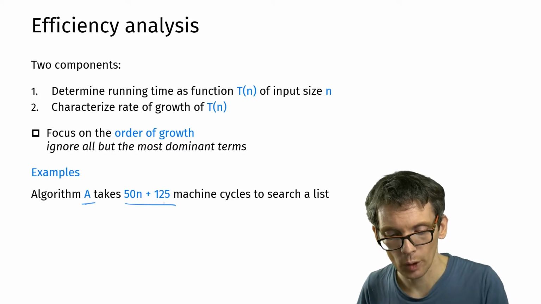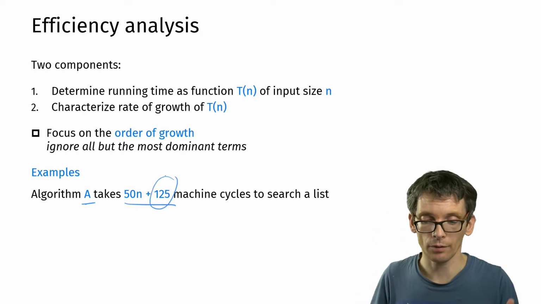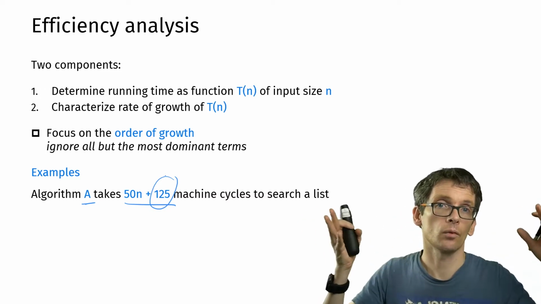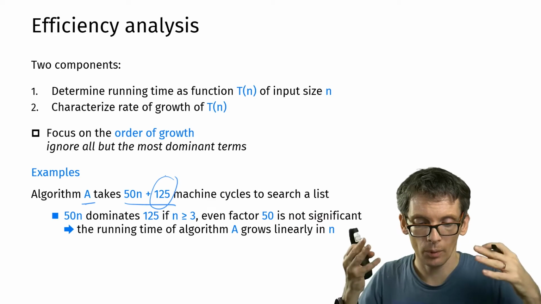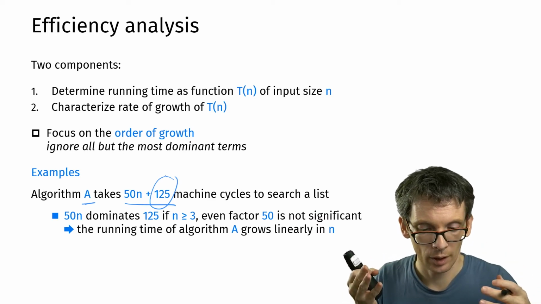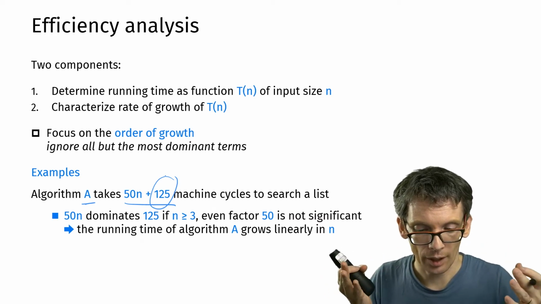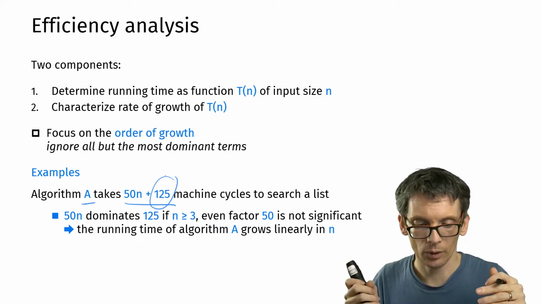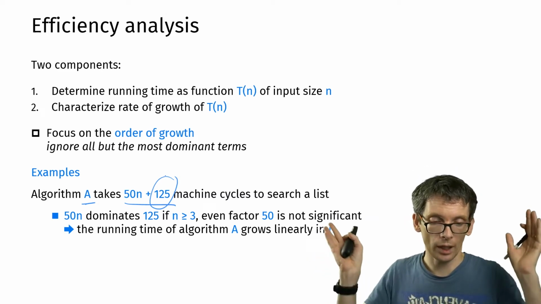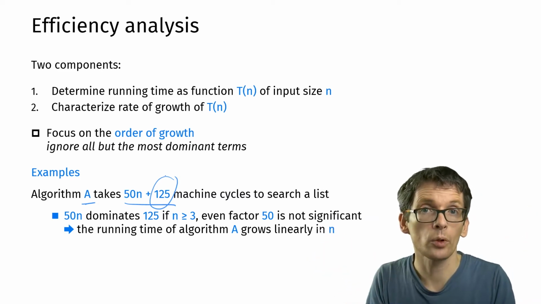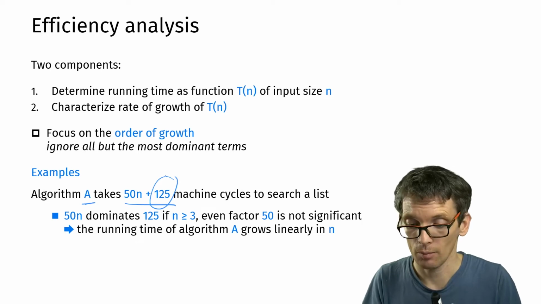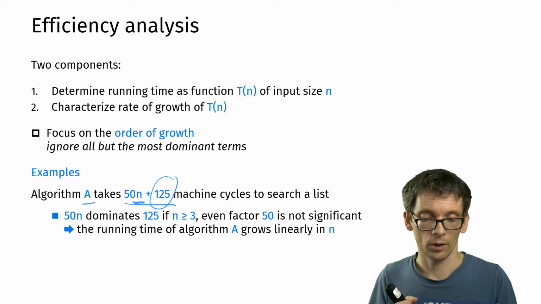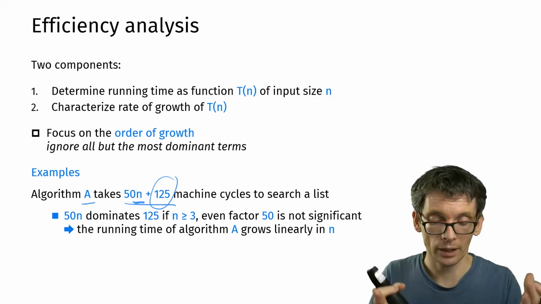Then, first of all, we can observe that the 125 doesn't really matter for large data. Already at the point where n is 3, 50 times 3, 150, is larger than 125. At the latest, when n is 100, the contribution of the 125 will be very minor. So what I'm really interested in is the linear growth of the running time here.